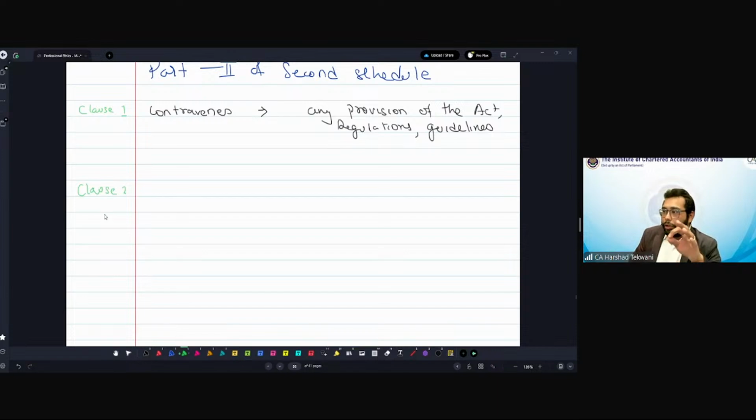Clause 2. Although it is applicable to members of the institute generally, what does it say?